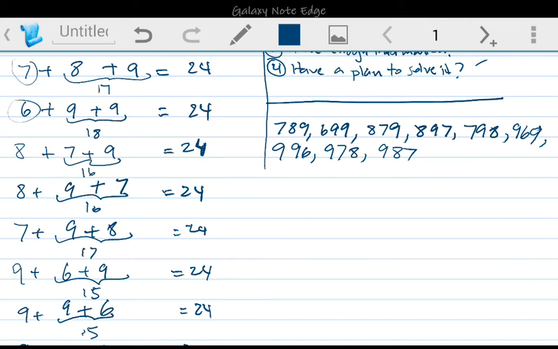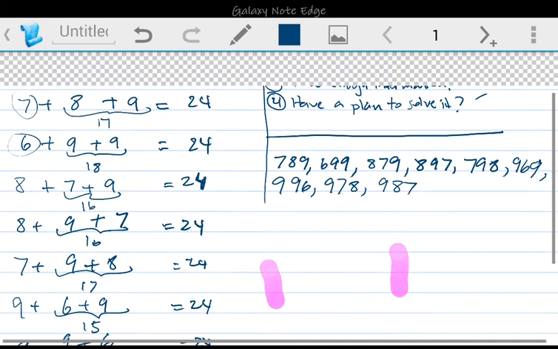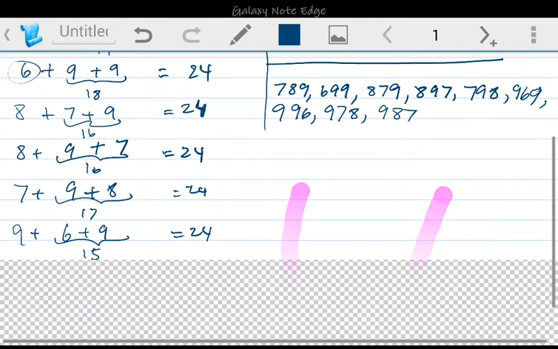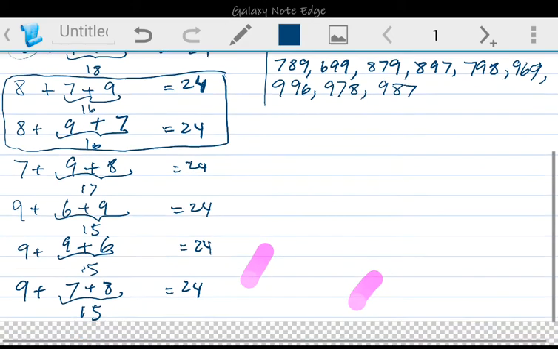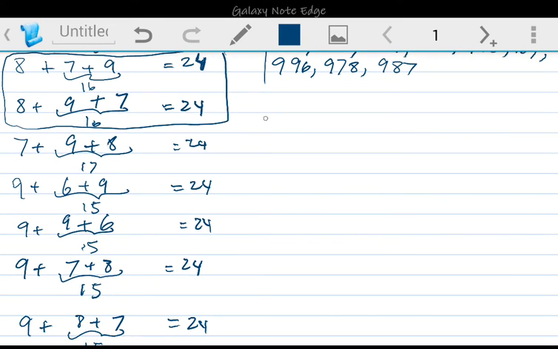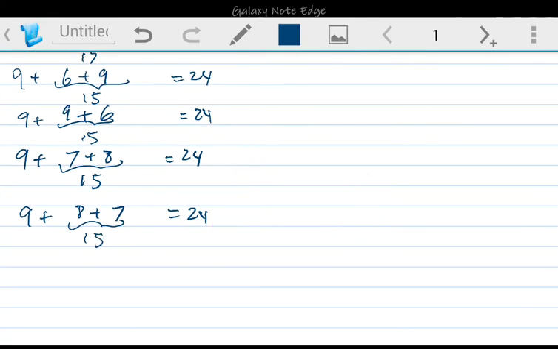Oh, yes. I missed one more combination. If the number starts with an 8, what two numbers added to each other give me 16? 8 plus 8 is 16, correct?